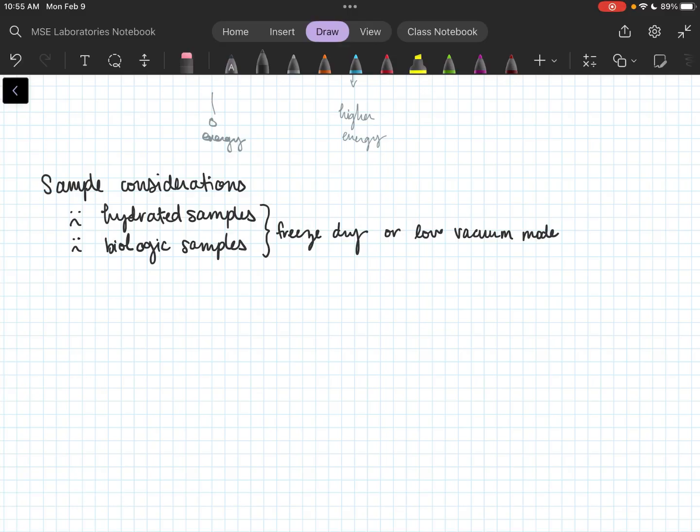Cool. I mentioned biologic samples have another problem. Imagine we just, in any circumstance, are throwing electrons at a thing. What do we use electrons for on the daily? Electricity. Okay. What happens if I flow electricity through, let's say, a piece of wood?